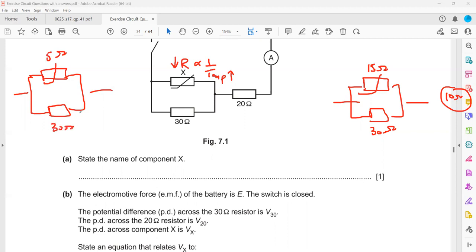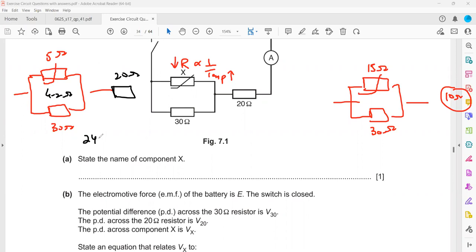So it will be 5 into 30 divided by 5 plus 30, which is 35. As a result, the combined resistance of this part will be 4.2 ohm, and there's also a 20 ohm resistor.